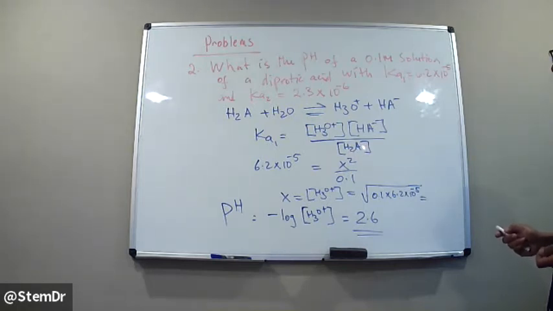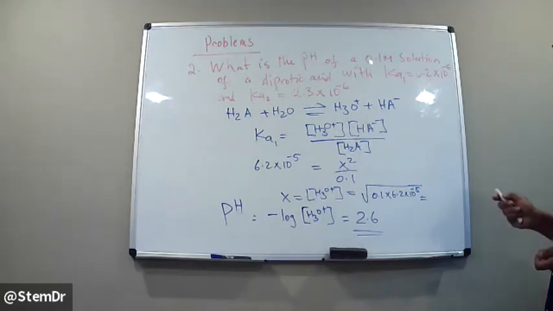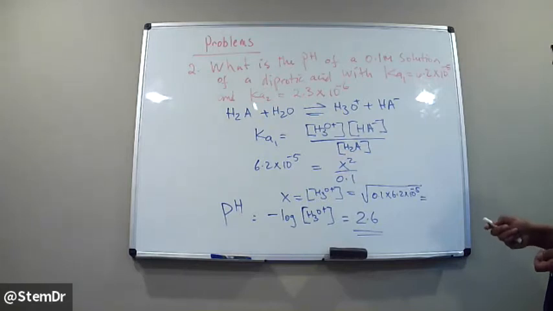Remember, we are always assuming it to be its initial concentration of 0.1, because this acid dissociates to a very low extent. It's not a very strong acid. So whatever we have at initial can be approximated to the initial concentration of the acid, but that's not the reality.